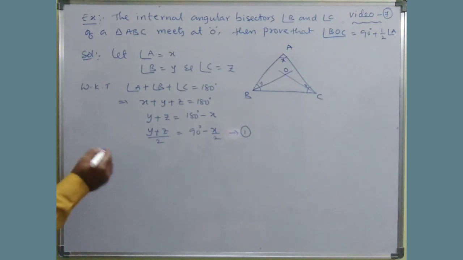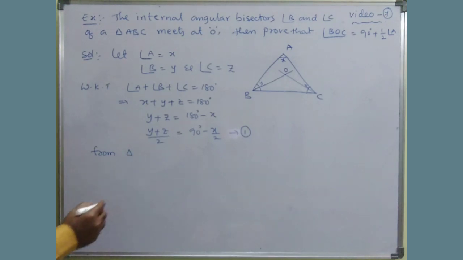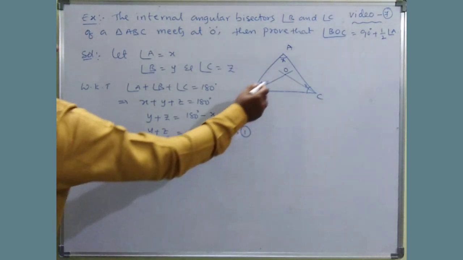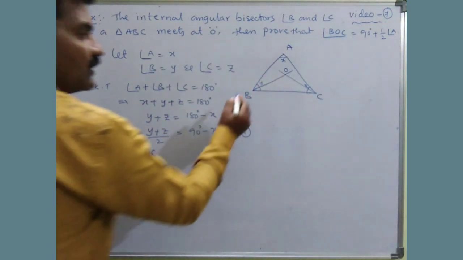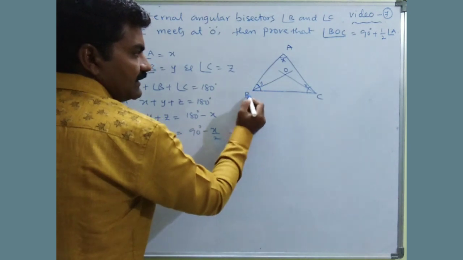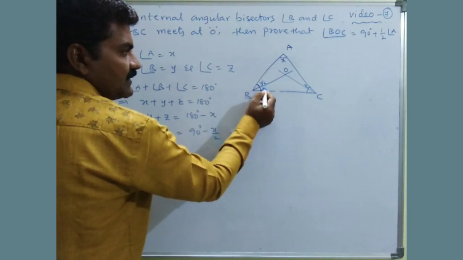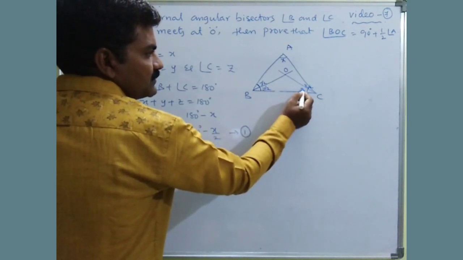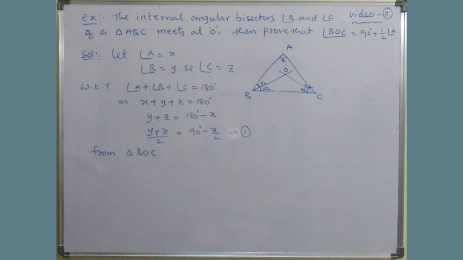Okay. Now from triangle BOC, see from this triangle BOC, see actually what happened: this entire angle is Y, and because this is the internal angular bisector, this is Y by 2 and this is Y by 2, whereas similarly Z by 2 and this angle is also equal to Z by 2.